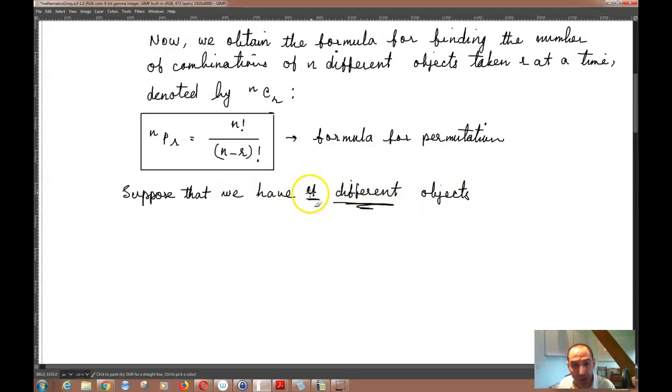So suppose that we have 4 different objects, A, B, C, and D, taking 2 at a time.